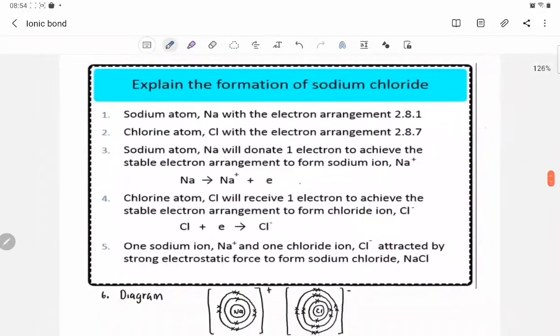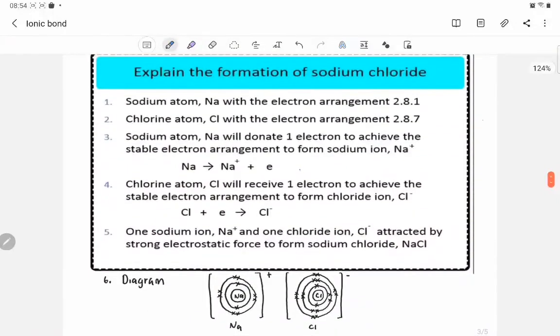Okay, in the exam, usually they will ask us to explain the formation of ionic compound. Okay, point number 1, we need to mention the electron arrangement of the metal atom first. So in this case, we mention sodium atom with the electron arrangement 2.8.1. And then for the second point, we mention the chlorine atom.